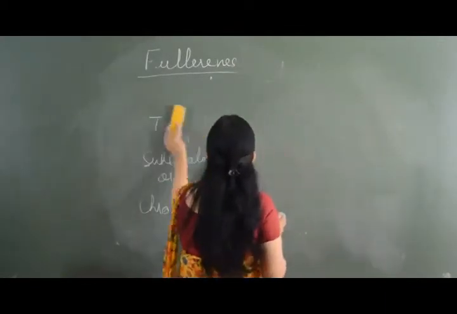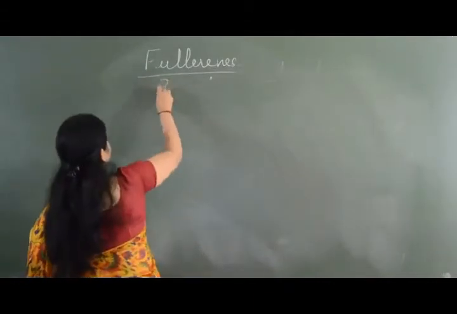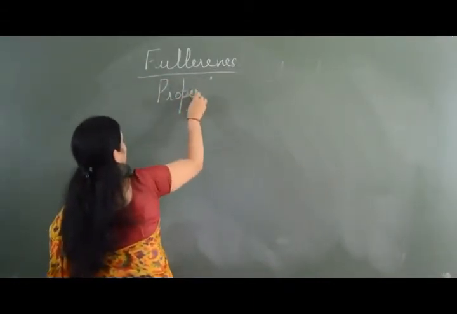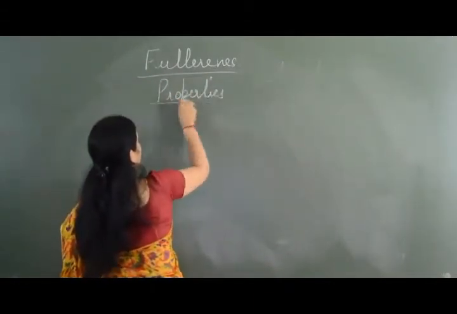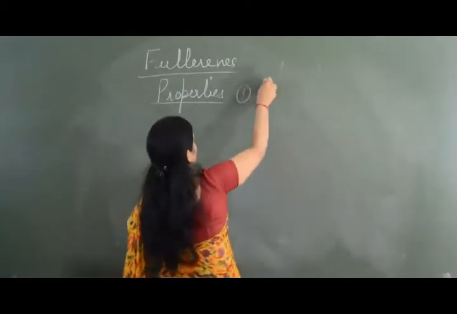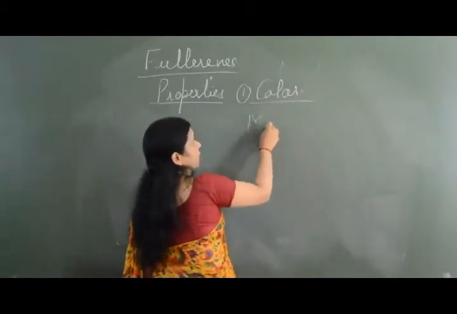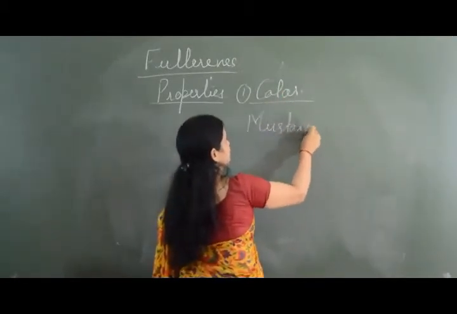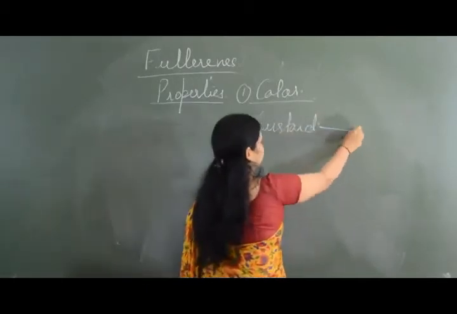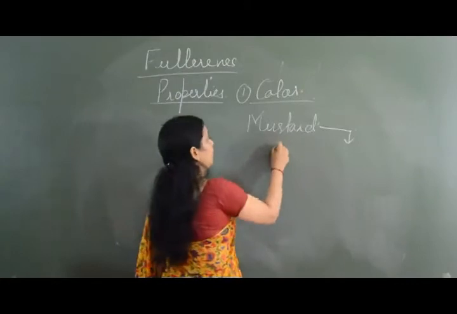Next we have properties of fullerene. Regarding properties of fullerene, the first property is color. For smaller fullerenes, the color is mustard or brown.